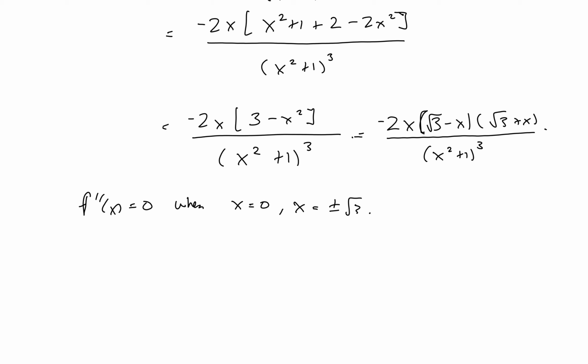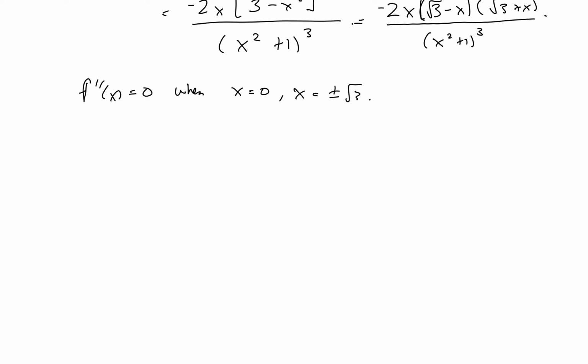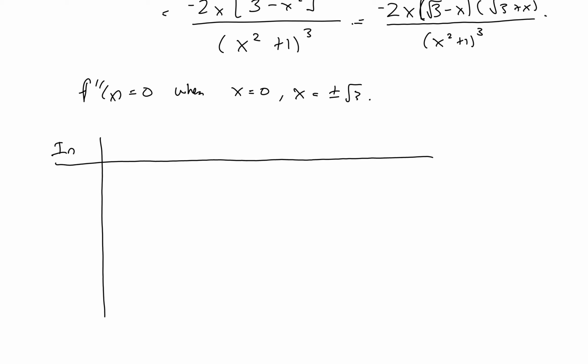And so now we'll make a table just like we did before. In this case, we're looking at the second derivative. So I'm going to have my intervals here: from minus infinity to minus root 3, minus root 3 to 0, 0 to root 3, and root 3 to infinity.